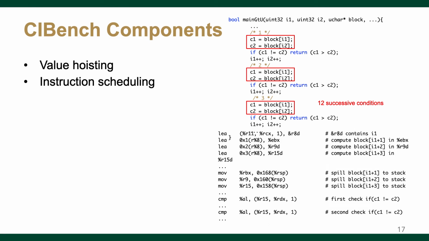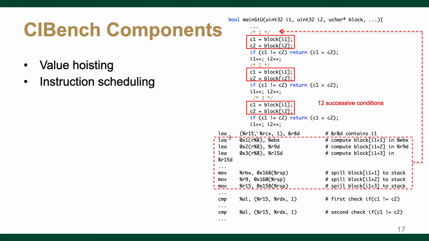But if we look into the compiler optimized code, we can see that the compiler aggregates the address computation of array block before the first conditional check. However, there are not enough registers to store all the pre-computed addresses, so they are spilled to memory.